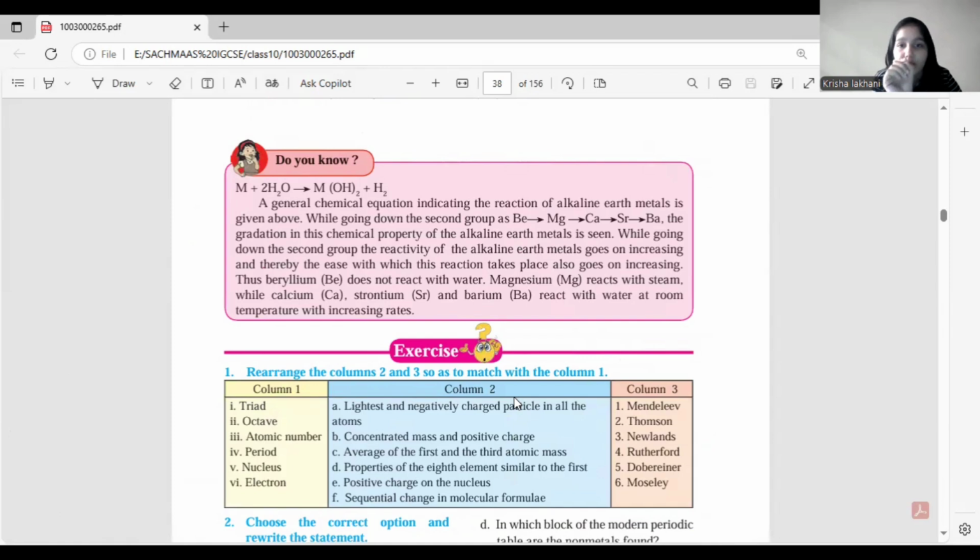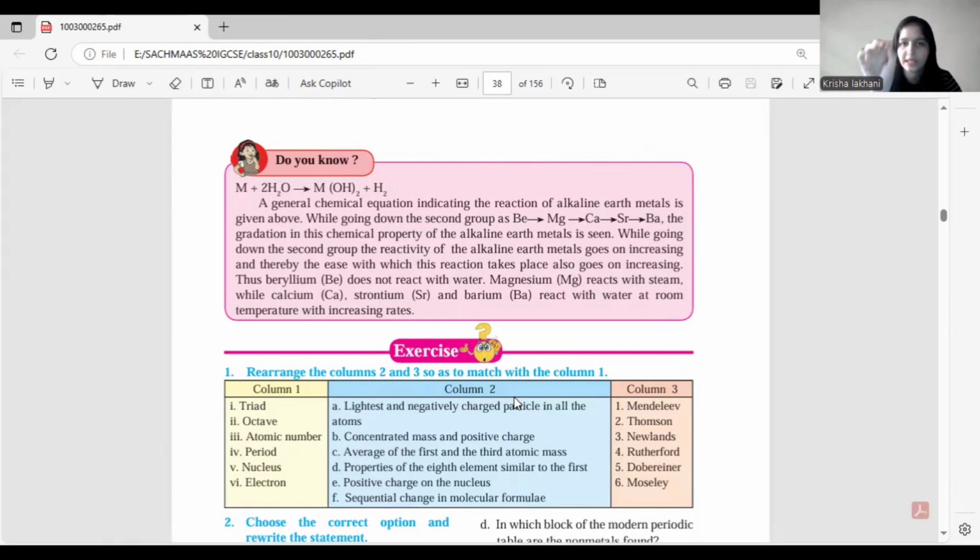Mg plus water will give magnesium hydroxide plus hydrogen, M(OH)2 plus H2. While going down the group, the second group, beryllium, magnesium, calcium, strontium and barium, the gradation in the chemical properties of the alkaline earth metal is seen.